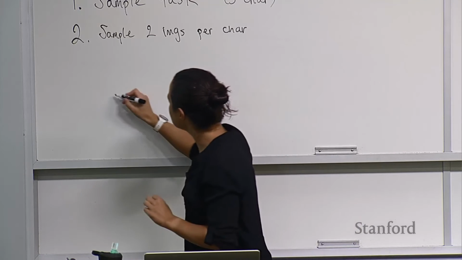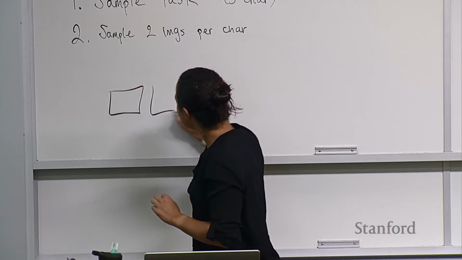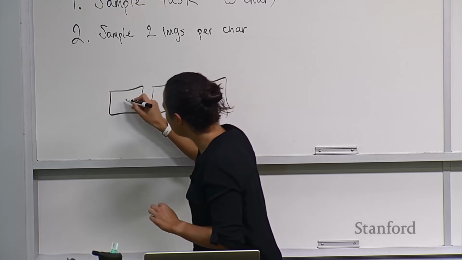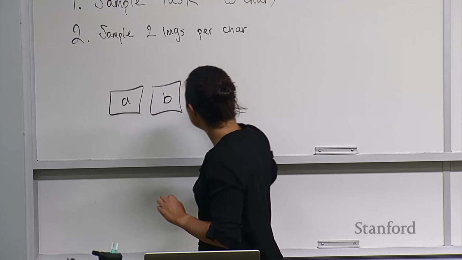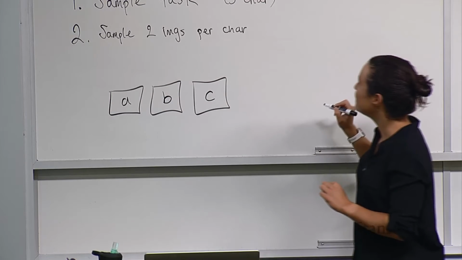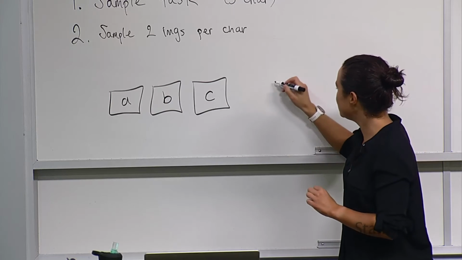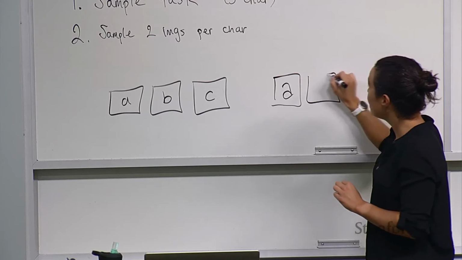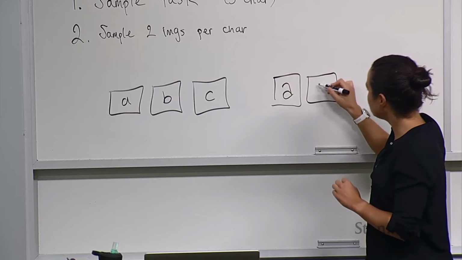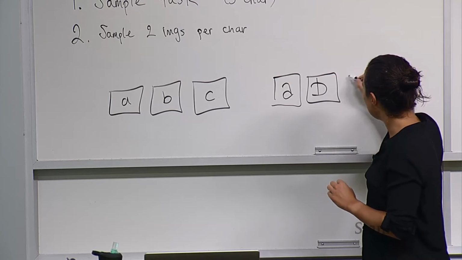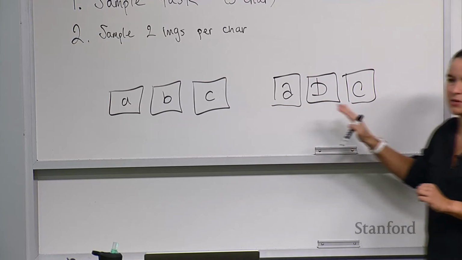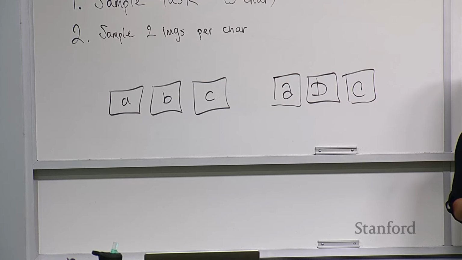So, for example, maybe the alphabet that we sampled is the alphabet that we use in English, and the 3 characters that we sampled were A, B, and C. And we're going to sample 2 different images per character so that we can use one for a training data set and one for a test data set for that task.